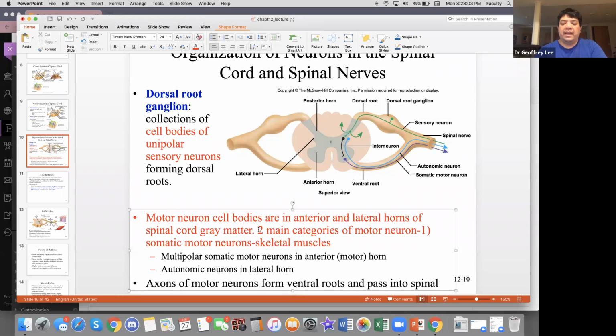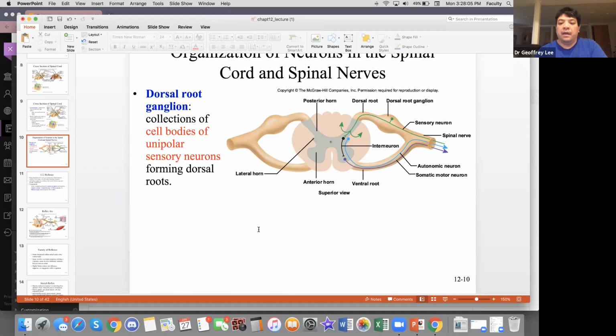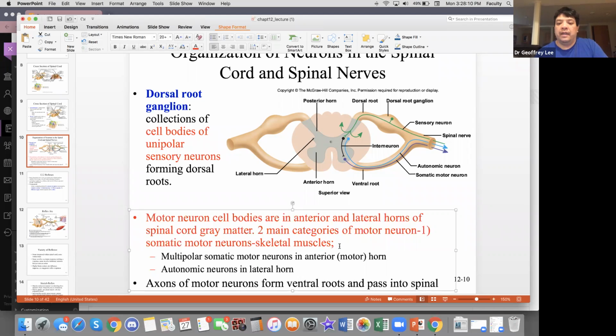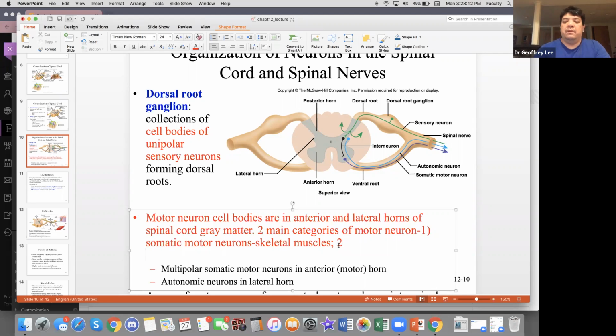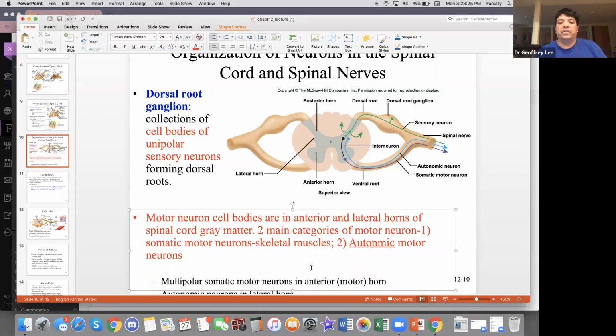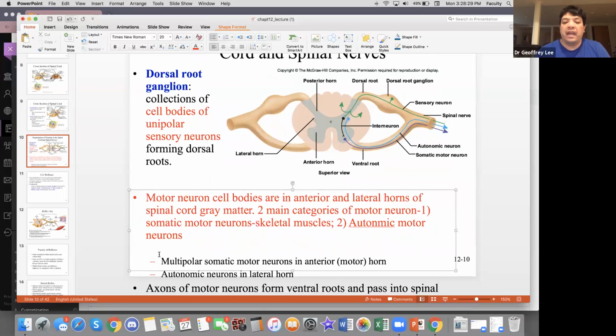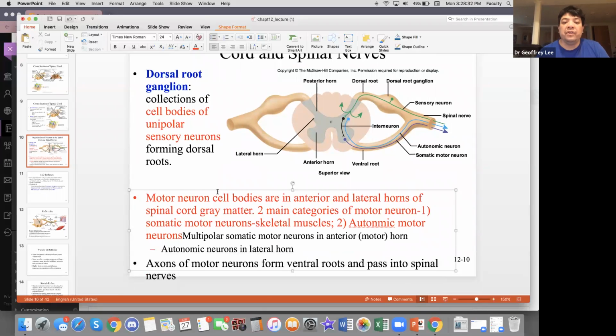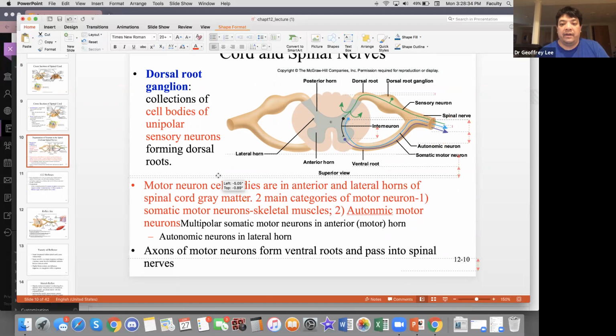The second type of motor neurons are autonomic. So one is somatic, it goes to your skeletal muscles. The other category of motor neurons are what we call our autonomic motor neurons. And those motor neurons go to your heart, go to your GI tract, go right to areas that are usually involuntary.